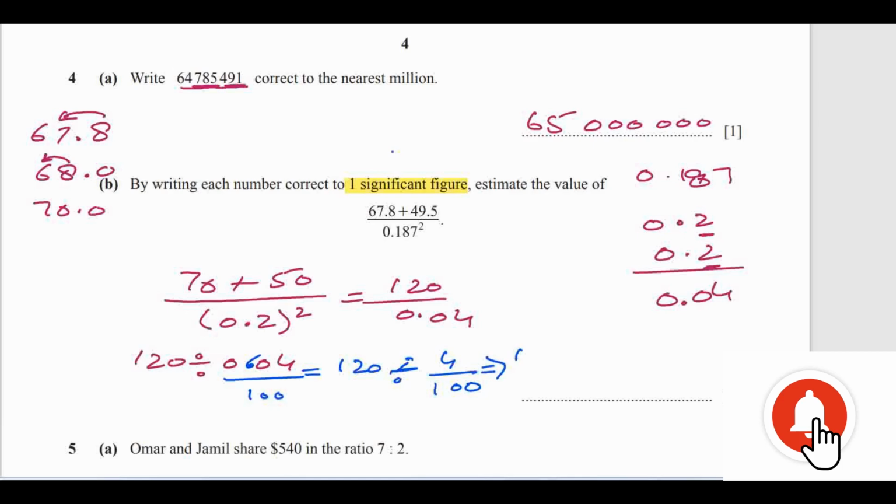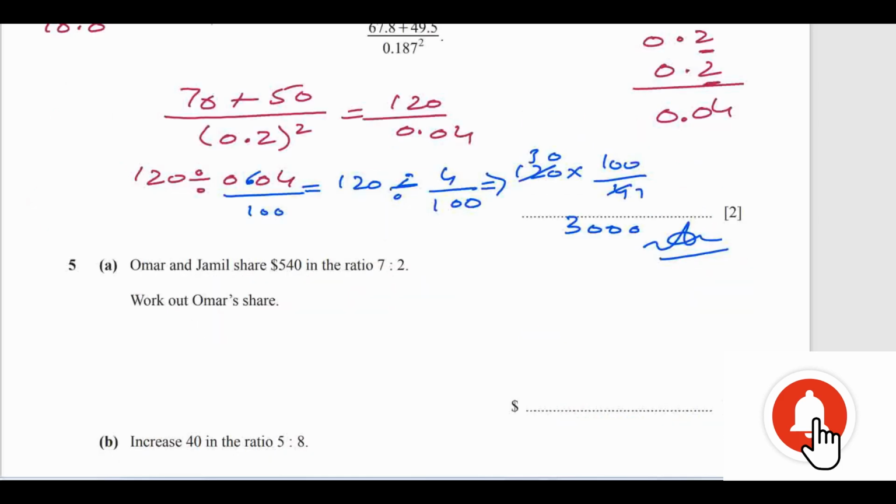So 120 multiplied by 100 by 4, the final answer will be equal to 3000. So this will be the final answer. I hope that the concept is clear. Let's move on to the next question.